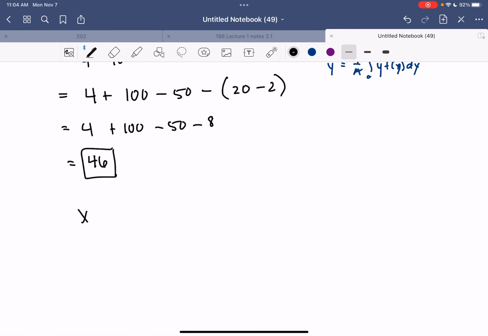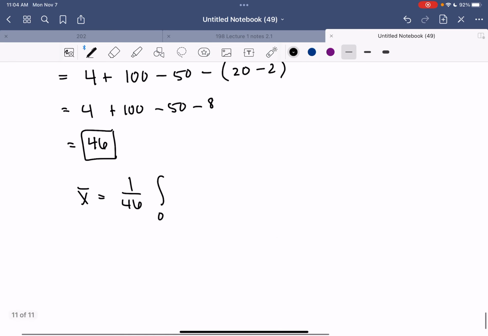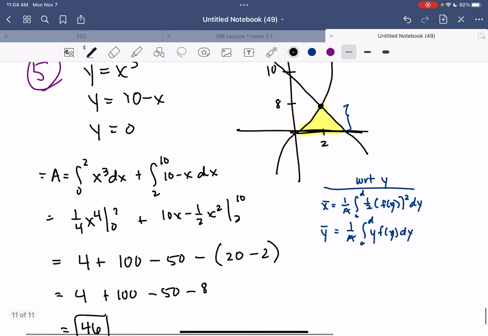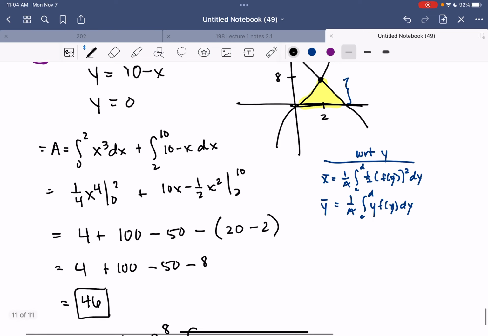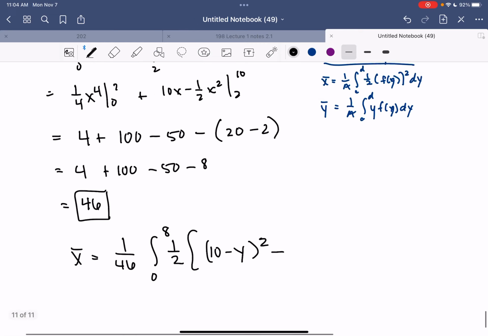You're going to have x bar is equal to 1 over 46, integral from 0. Now we're going in terms of y. So my y values go from 0 to 8. So 0 to 8, and I want 1/2 times my functions. Okay, now my top function, or my right function, if we're in terms of y, is the line. So that's 10 minus y squared.